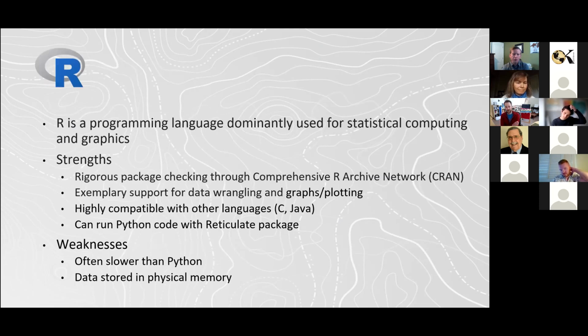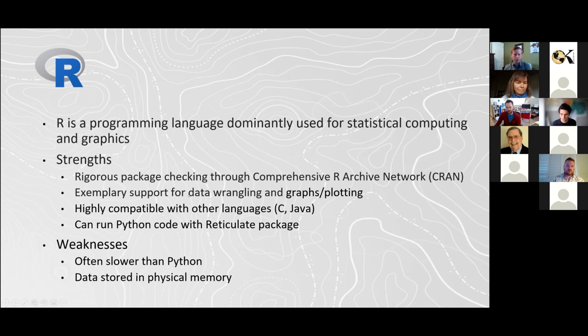R is a programming language that is dominantly used for statistical computing and graphics. There is a very rigorous process for user-created libraries that are hosted on the CRAN website, the Comprehensive R Archive Network, which is where you mainly download these packages from.